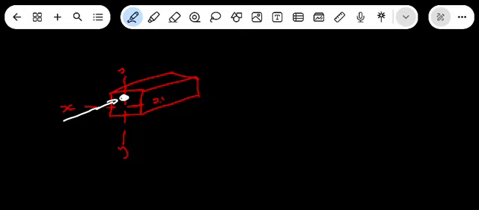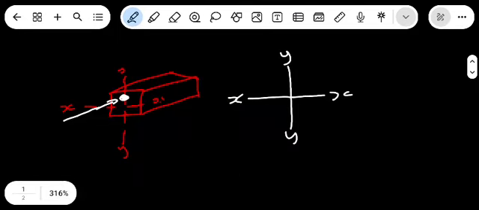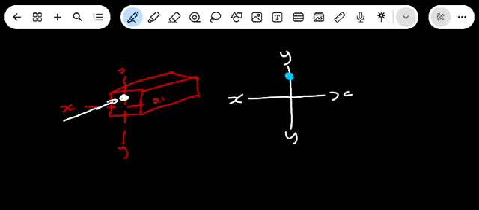I apply the force on the y-axis, on the top part, like this.